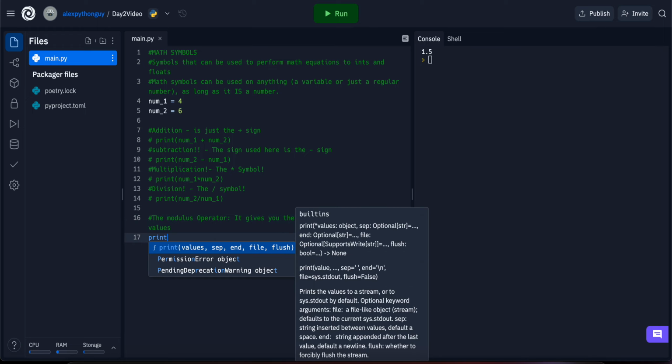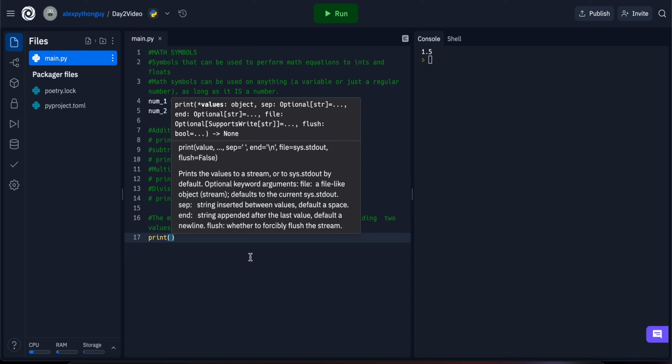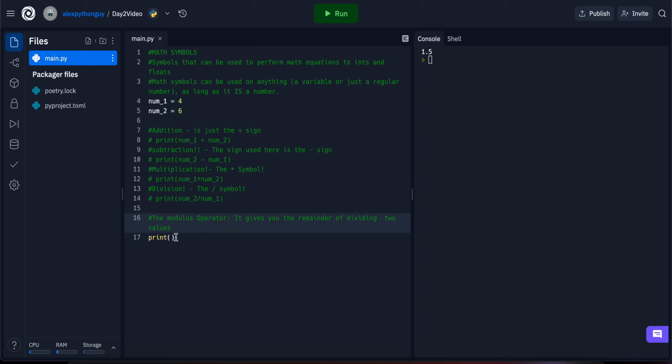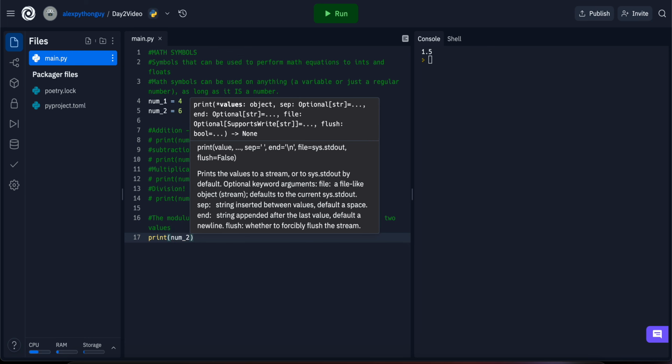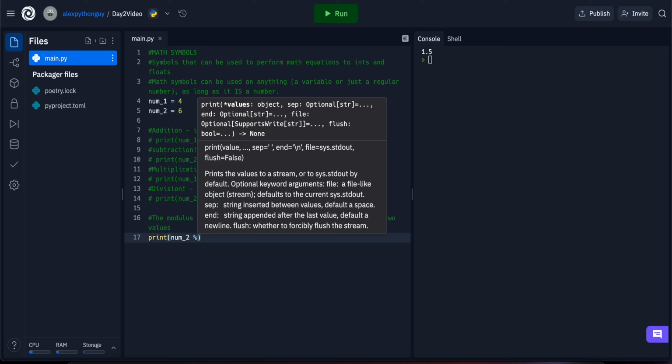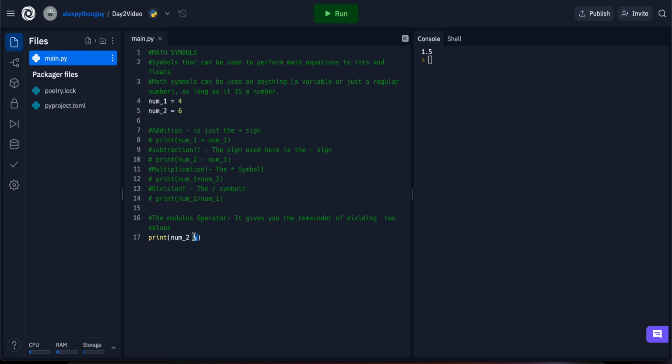So let's try this out. We'll print num2, and then we use the percentage symbol. The percentage symbol is the modulus operator. Let me just put that here. Percentage symbol, num1. Let's run it. And we get 2, which is the remainder of 6 divided by 4.